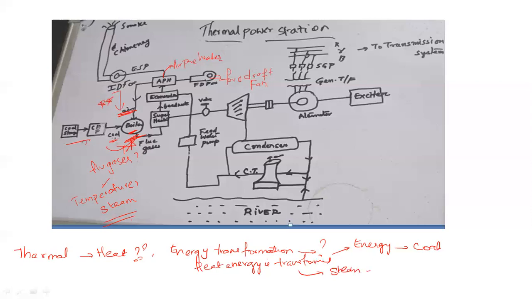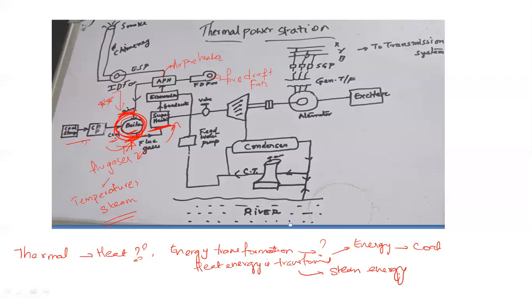When the heat is formed in the center of the boiler, this heat is transmitted to the water flowing in the tubes. Then this water turns into steam, flue gases, and goes to the superheater. Superheater is a zone in the boiler itself which increases the temperature.